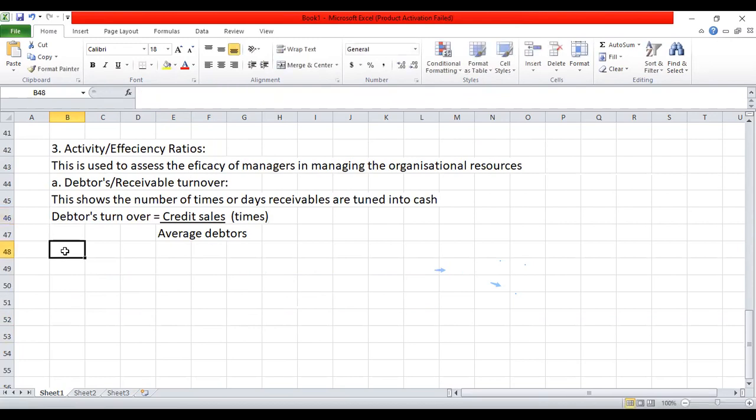Then in number 2, we have the inventory turnover.